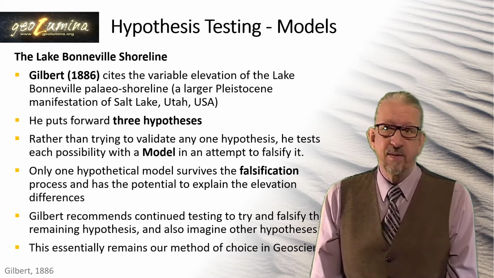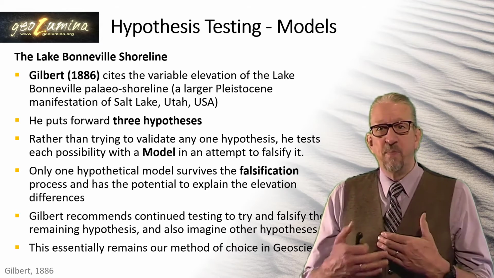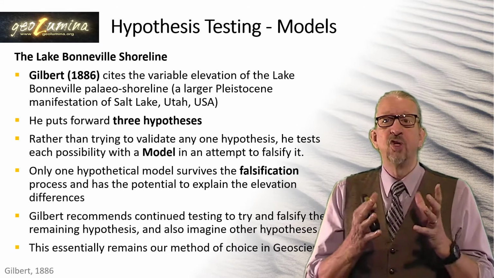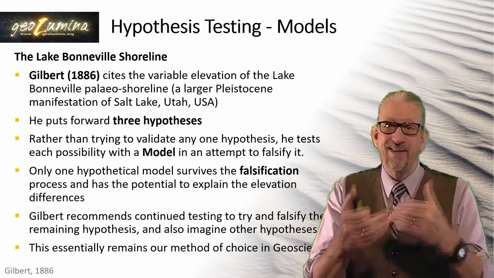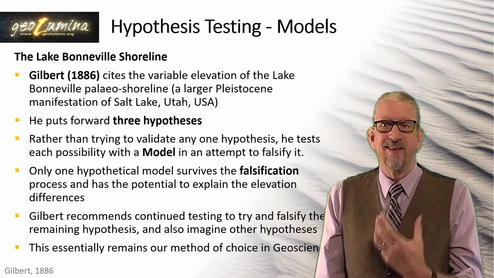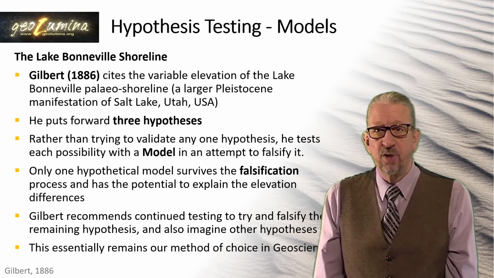and the way he tested them was to build a whole succession of models. So based on the premises and the arguments for each hypothesis, he constructed a model to test those premises, those causal relationships. It's a theoretical model from which he was able to make predictions.